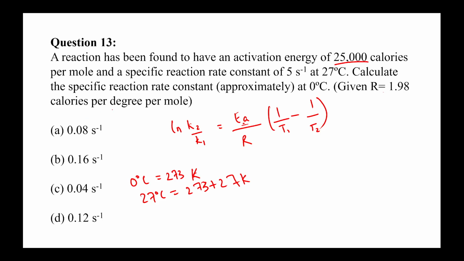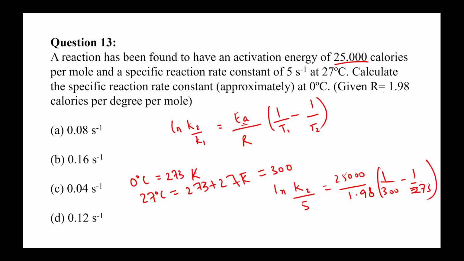Specific rate constant, that is K1, is given as 5, and the temperature T1 is 27 degrees Celsius, that is 273 plus 27, so this will be equal to 300 Kelvin. Okay, so you can write it as log K2 by 5 is equal to 25,000 by 1.98 multiplied by 1 by 300 minus 1 by 273. Okay, so now you can solve for K2.